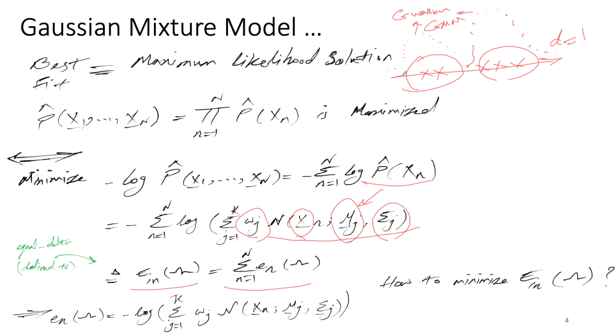So how are we going to maximize this to the real density of that? You have to find the En omega of that, which is equal to the minus log of the summation of WJ's multiplied by this distribution, these parameters defined. So we want to minimize this.